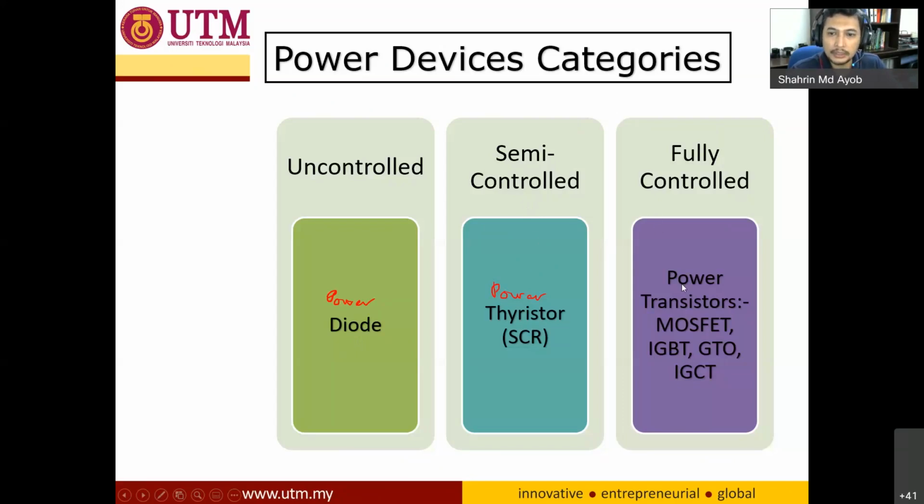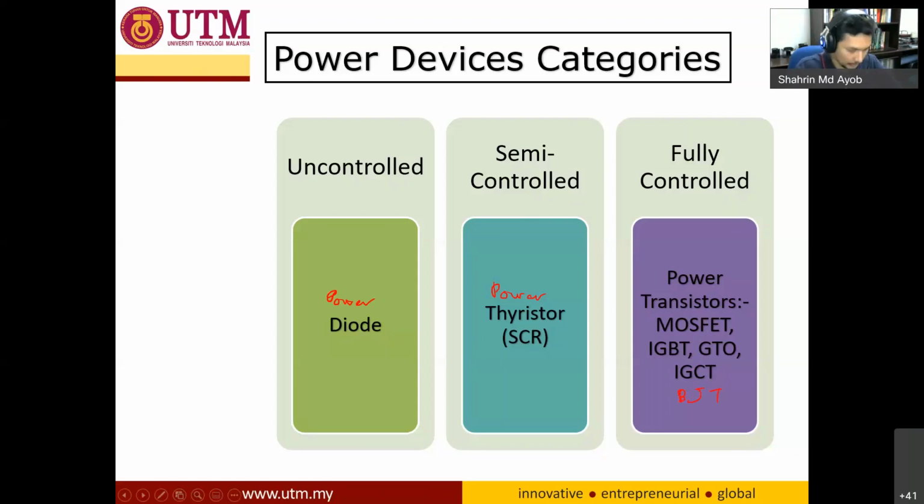The last one, the most powerful device, is the transistor. Fully controlled means that we can control when this device needs to turn on and when to turn off. We have MOSFET, IGBT, GTO, IGCT, and also BJT.